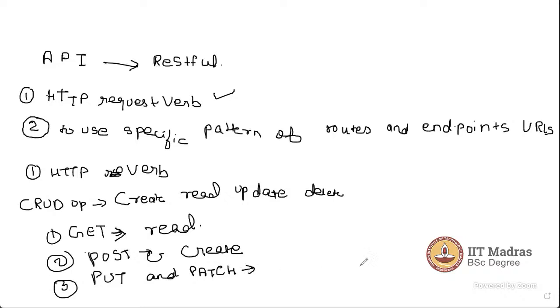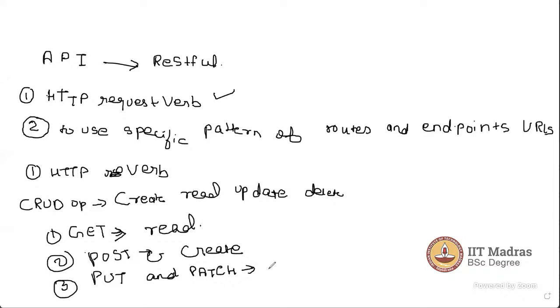There is a very small and very minute difference between them. I'm talking about the mobile number updation in the case of an application. We have to update that mobile number, so we can use a PUT HTTP method, and we can also use a PATCH HTTP method.